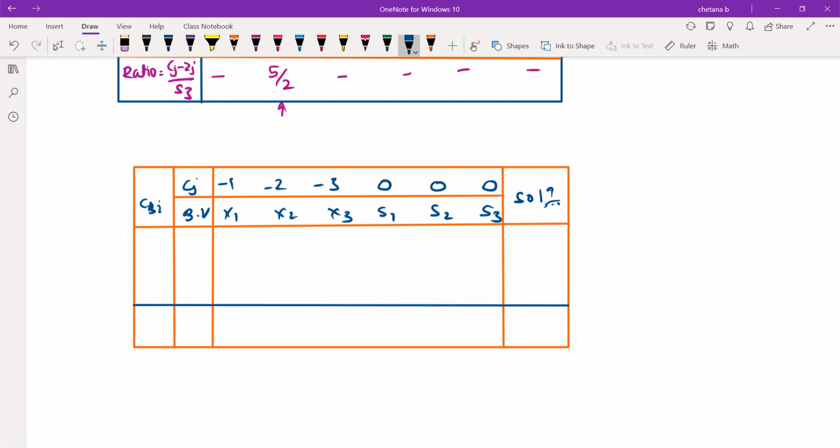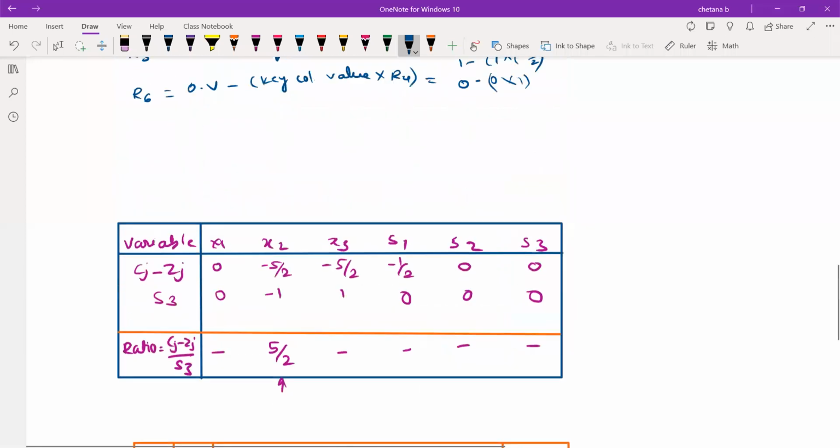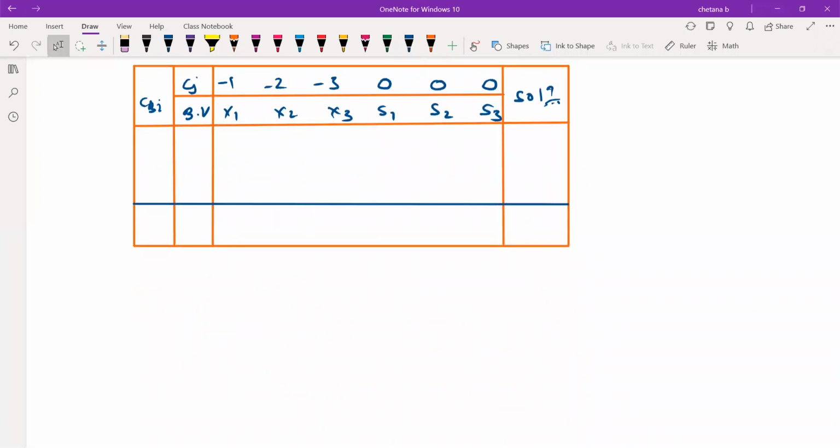So which is the leaving variable and which is the entering variable here? X2 is the entering variable, and S3 is the leaving variable. So this is -2, -1, 0.